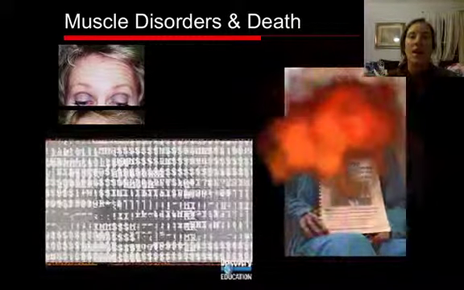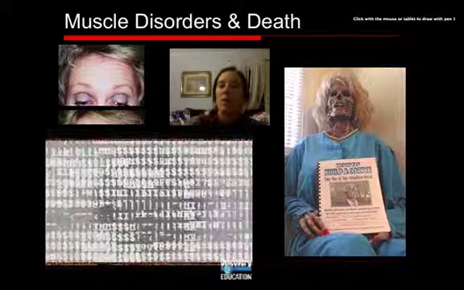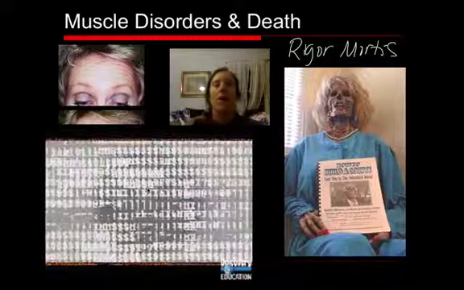Okay, and then the last issue I'd like to talk about medically with muscles is what's called rigor mortis. Rigor mortis is a stiffening of the body after death. It usually happens 24 to 48 hours after death, and the entire body goes into a sustained contraction. Every muscle contracts, so the body is stiff as a board.